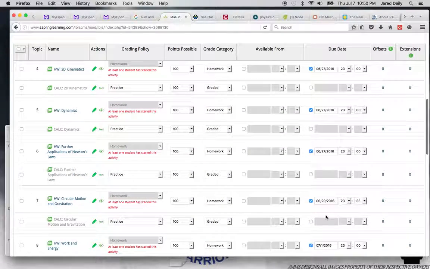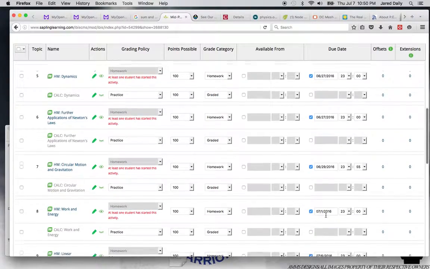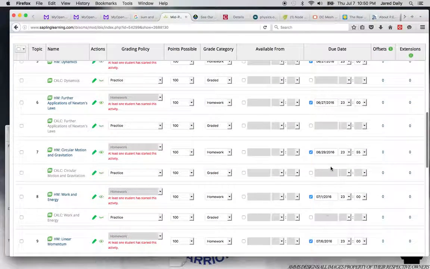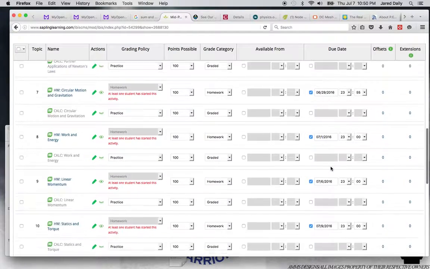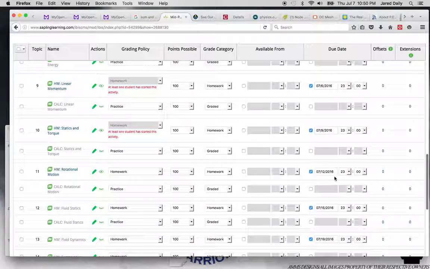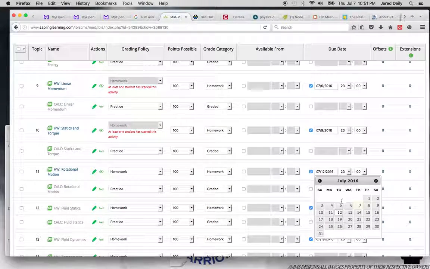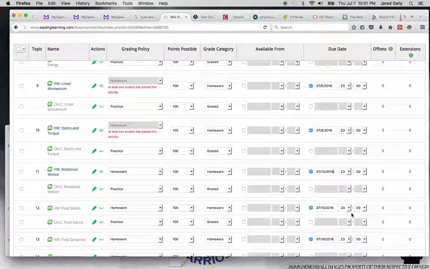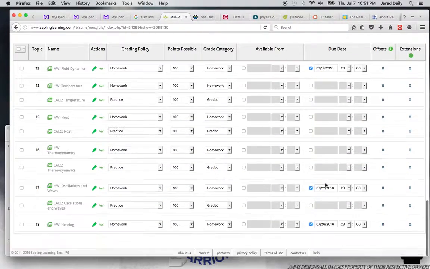Keep pushing these things out because we're falling a little behind here. So I'm going to change this one to the 13th really quick. Try to get this done.